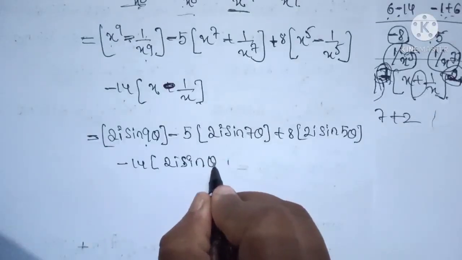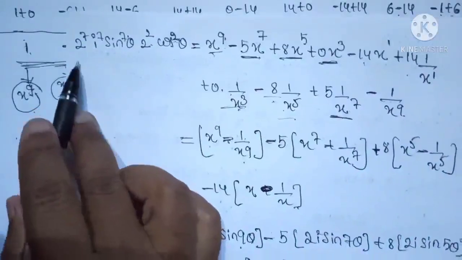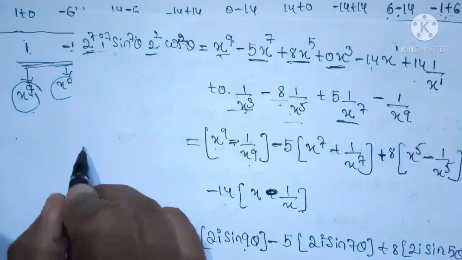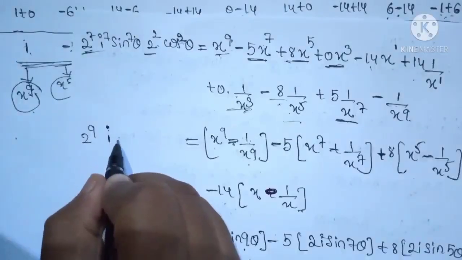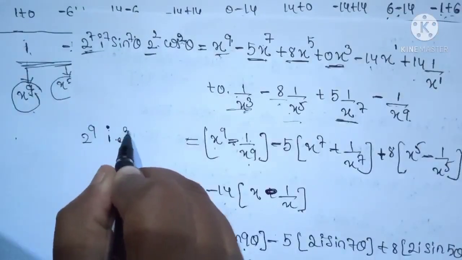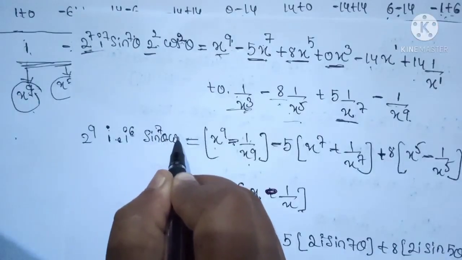And so RHS, simplifying this, LHS we get 2^7, 2^7 we get 2^9. i^7 can be written as i into i^6 sin^7 theta into cos^2 theta.